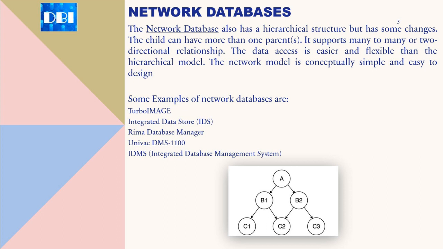Network databases. The network database also has a hierarchical structure but has some changes. The child can have more than one parent. It supports many-to-many or two-directional relationships. Data access is easier and more flexible than in the hierarchical model. The network model is conceptually simple and easy to design.